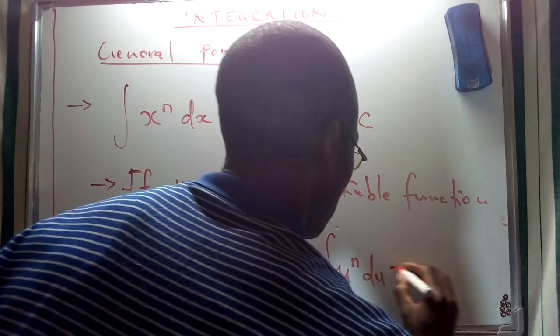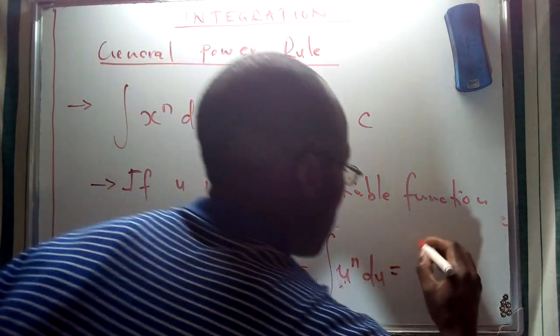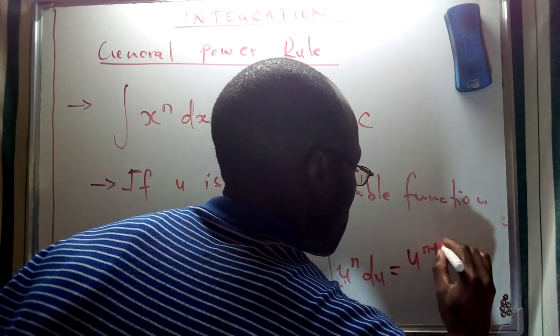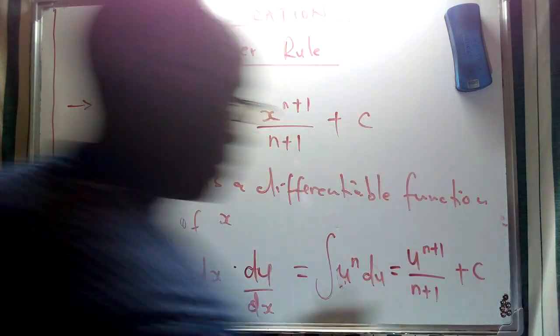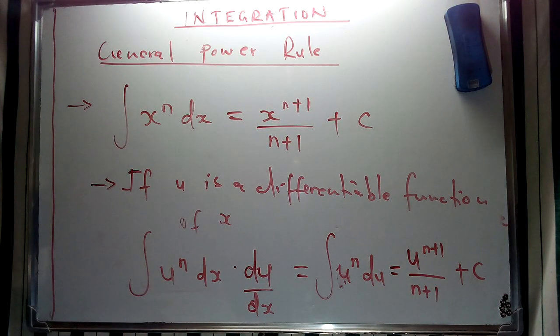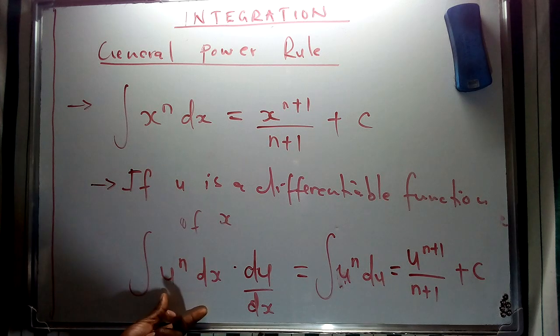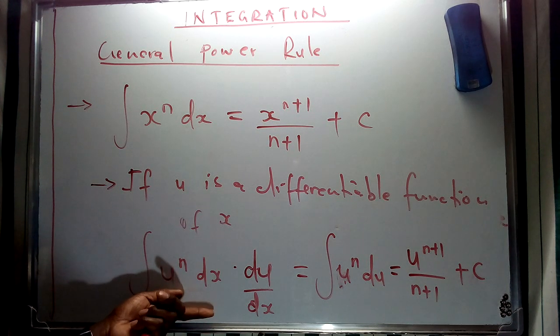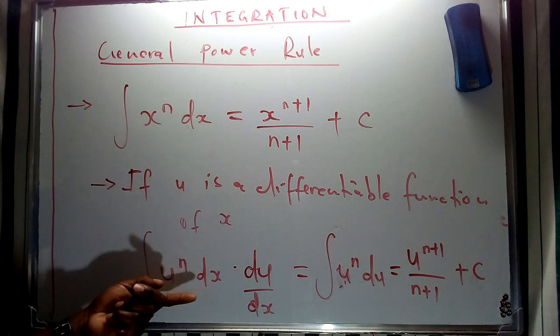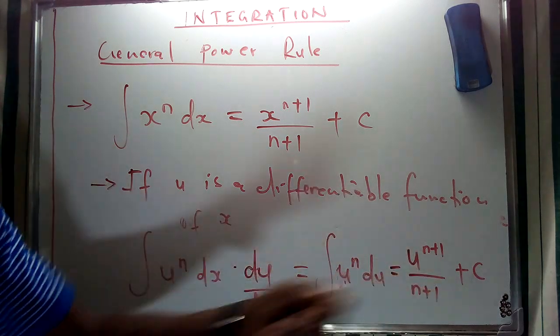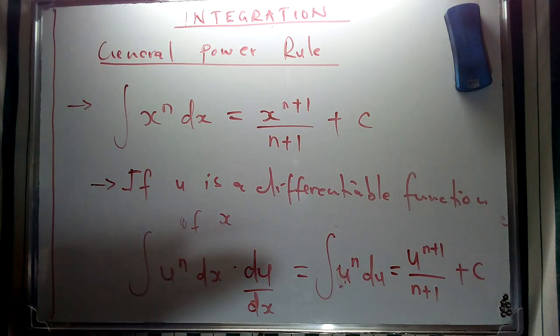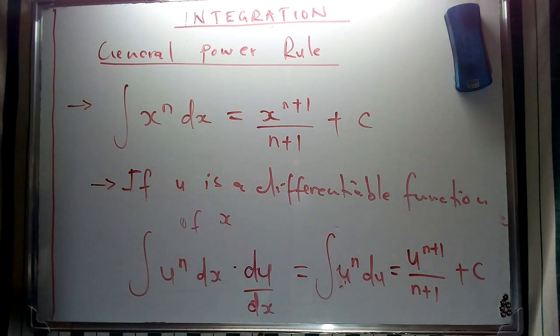For the simple power rule, we said that if given such a function, then it's going to be u^(n+1) over n+1, plus C. So therefore, the general power rule is going to assist us to find an integral from this specific function. In some aspects of this, we are going to convert it into the simple power rule, which is going to assist us apply that general expression that we mentioned in our first discussion.